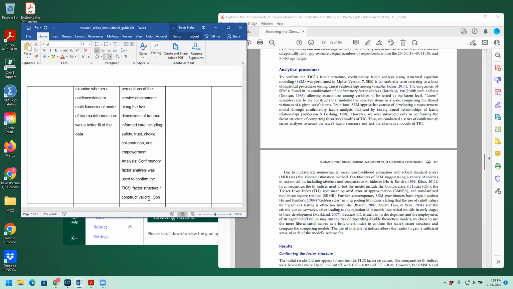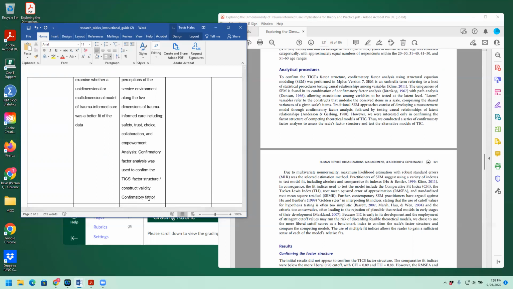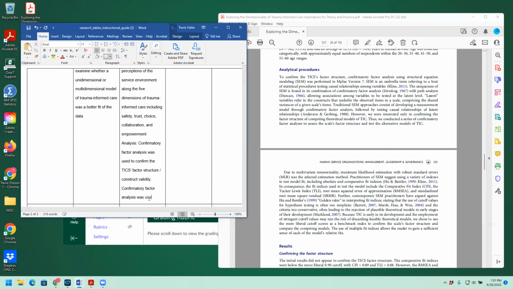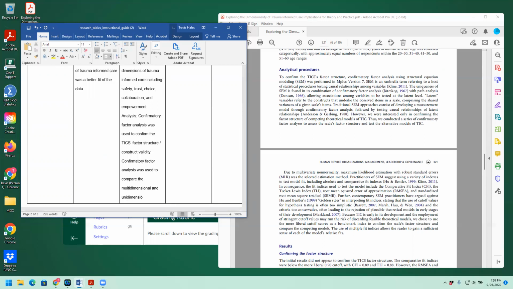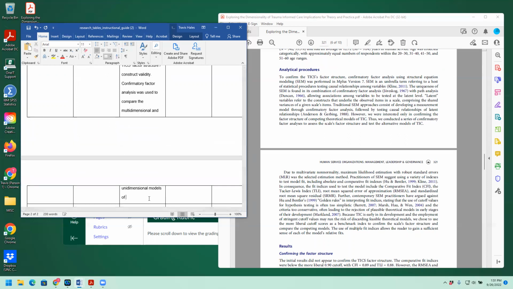And then I'm also going to put that confirmatory factor analysis was used to compare the multidimensional and unidimensional models of TIC.